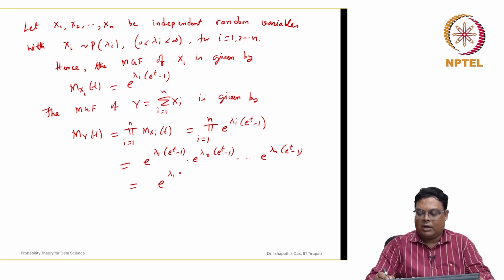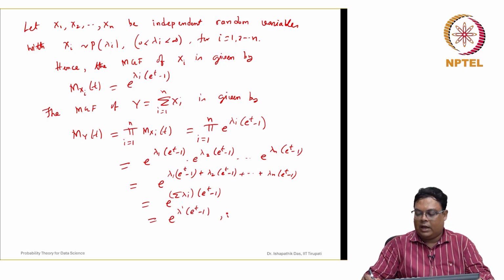Because it is multiplication, the powers will be summation. So it will be the summation of lambda_i into (e^t minus 1), with e^t minus 1 common. So this is nothing but e to the power of lambda dash (e^t minus 1), where lambda dash is lambda_1 plus lambda_2 plus up to lambda_n.